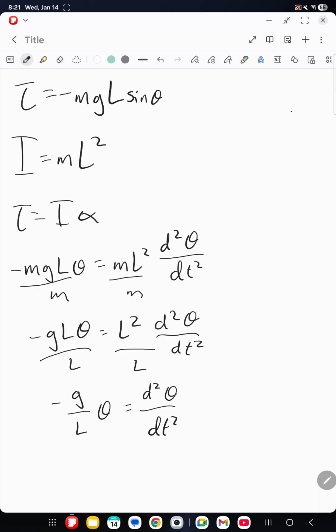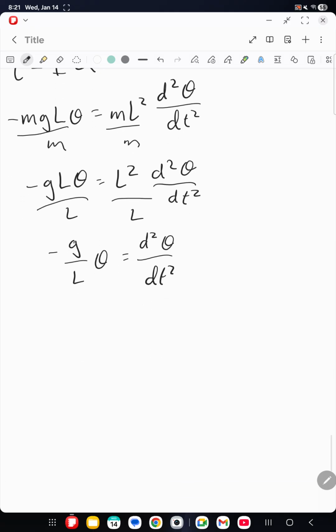Now, by simplifying this, we could move this to the other side and write d squared theta over dt squared, the angular acceleration, plus g over L theta is equal to 0.